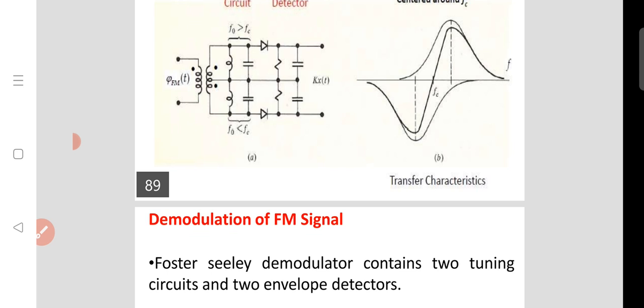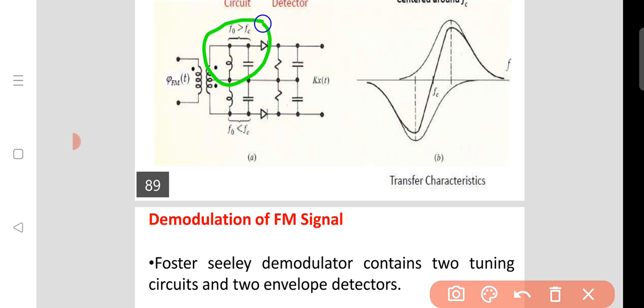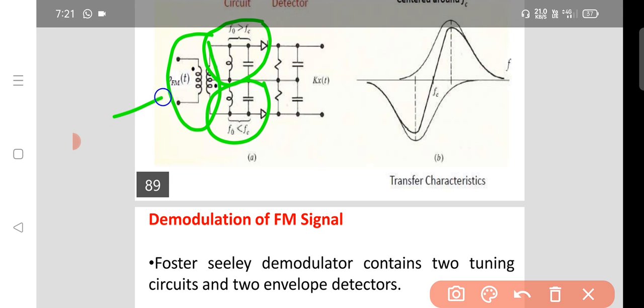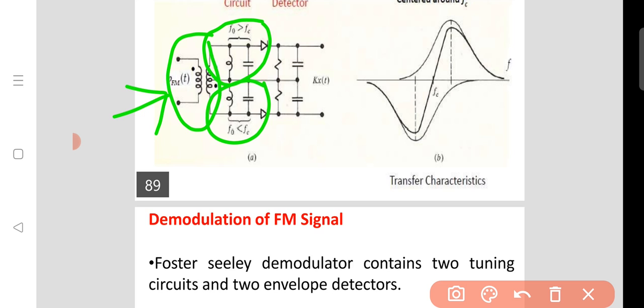Over here, this is one tuning circuit and this is the other tuning circuit, LC circuits. On the input side, a transformer is employed. The FM is applied here. The output of the transformer is center tapped for both the tuning circuits, upper and lower. Here there are also two envelope detectors, upper side and lower side.